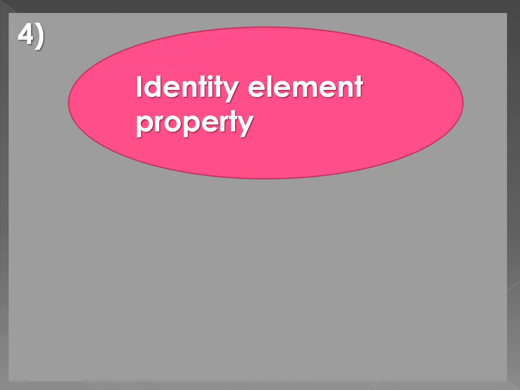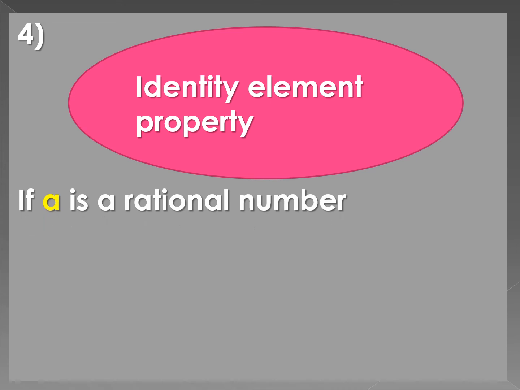Number 4, the identity element property. What is the meaning of identity element in addition operation? If we have A as a rational number, and we add A plus 0, what will the result be? Yes, the result will be the same rational number.